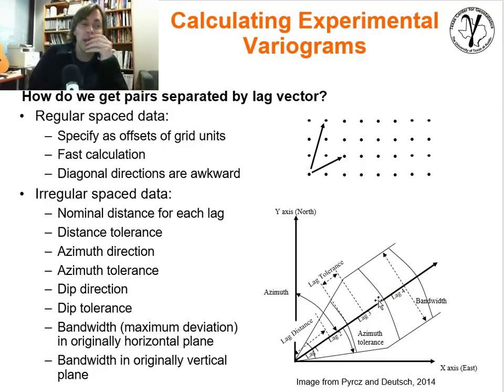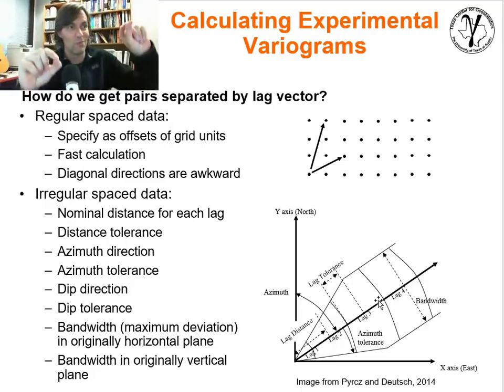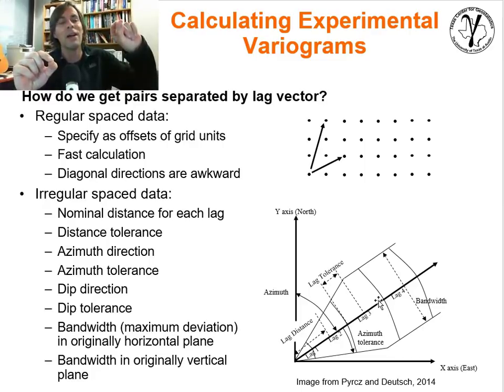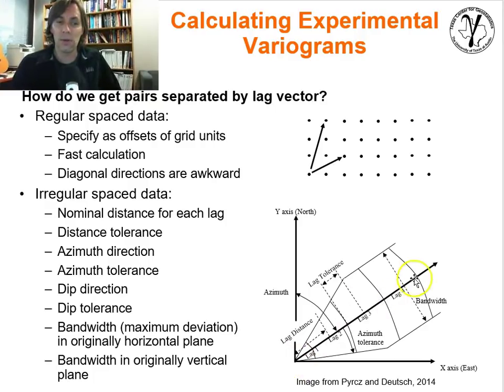The next thing we need is, well, what's the chance, if I'm calculating a variogram in that direction, that we're going to have the data perfectly lined up in that azimuth horizontally or that dip vertically? Maybe that looks more like 60 degrees azimuth from north. You would expect that maybe the data isn't exactly on this vector, maybe it's off a little bit.